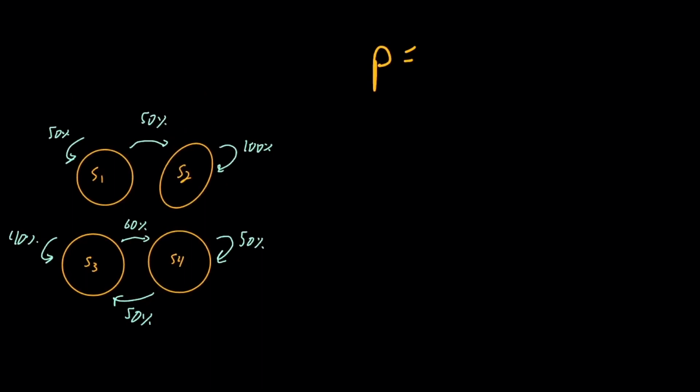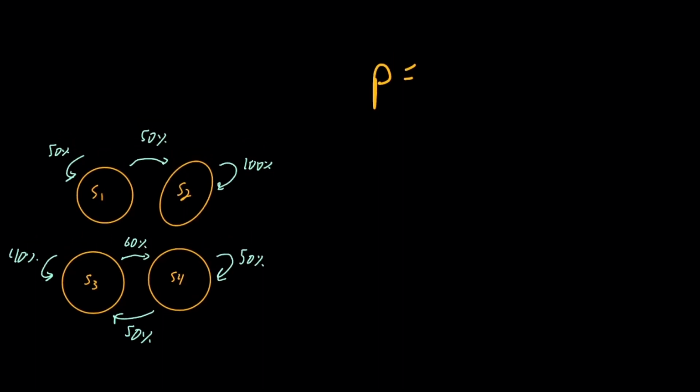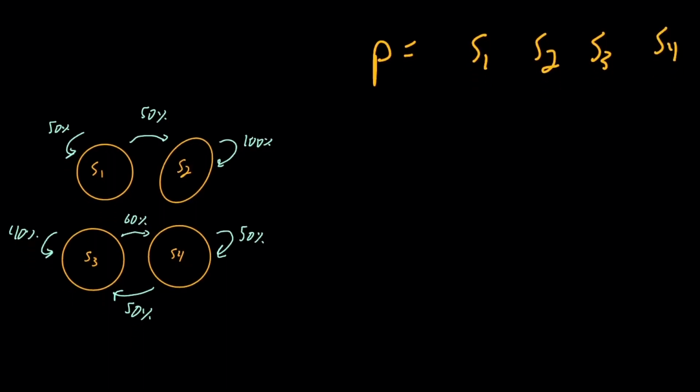We have 4 different states, so what would the dimension of the matrix be? It should be S1, S2, S3, and S4, and the same applies to the columns as well.